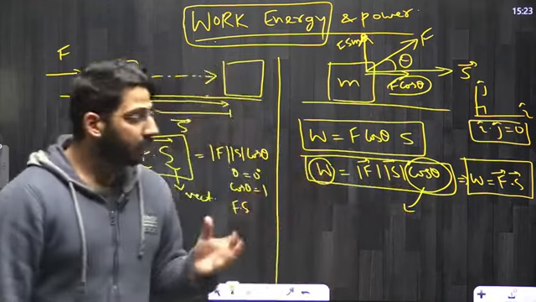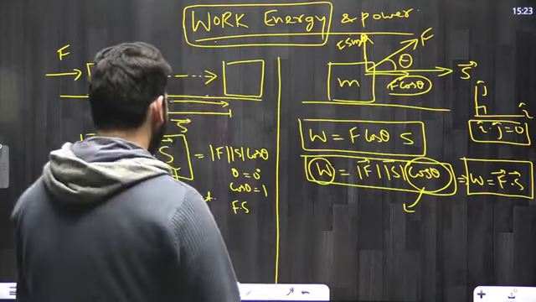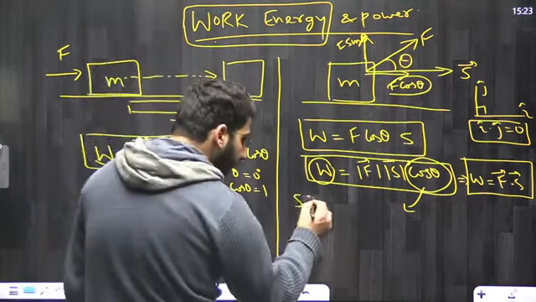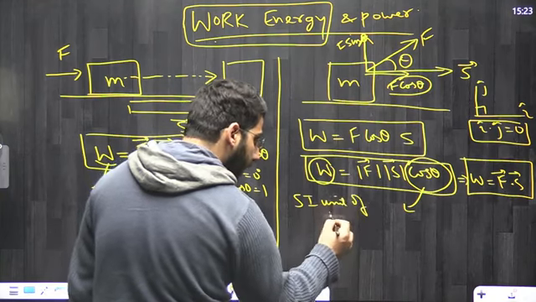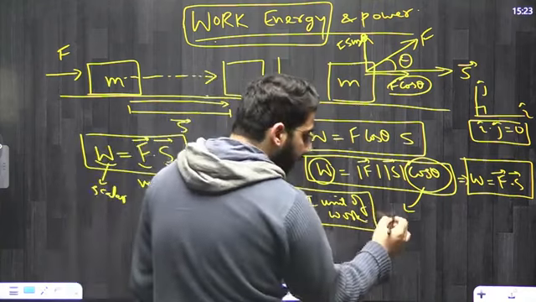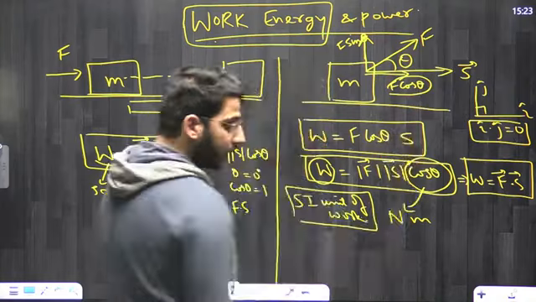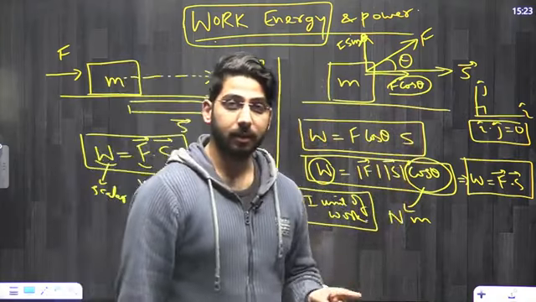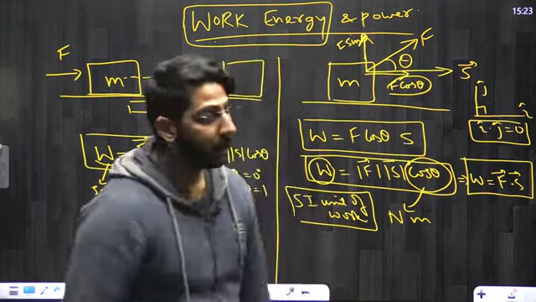Firstly, let me give you some very basic things that you need to understand here. So let's talk about the SI unit of work done. Clearly it is Newton times displacement in meter, Newton meter, because cos theta is dimensionless, as it's the ratio of two sides of the right angled triangle.